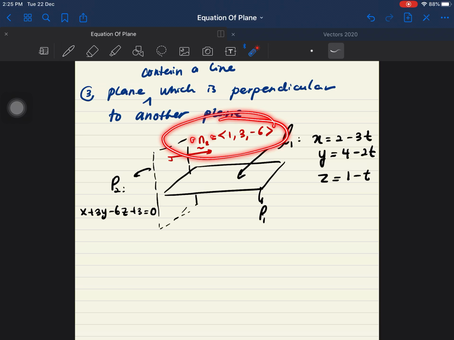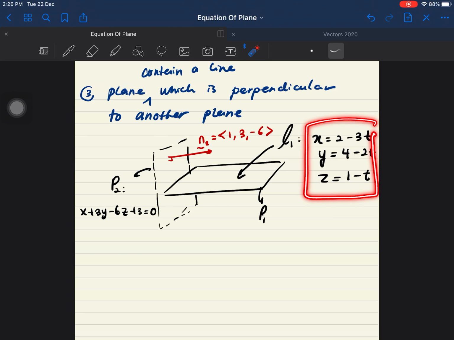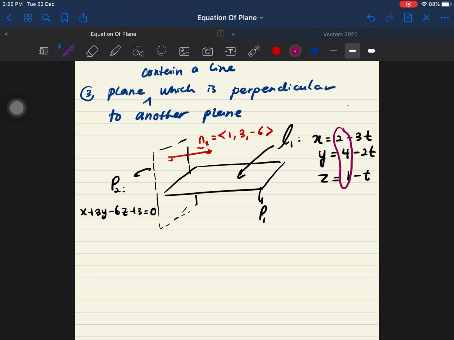So kita tak boleh simply ambil yang ni. Sebab normal vector ni mengalir ke sini kan, dia bukan berada di atas plane yang kita nak cari ni, tapi kita ada hint atas plane ni ada line. So this is the equation of line, and you all sepatutnya dah tahulah yang ni mewakili point kan, yang ni mewakili vector. Betul.